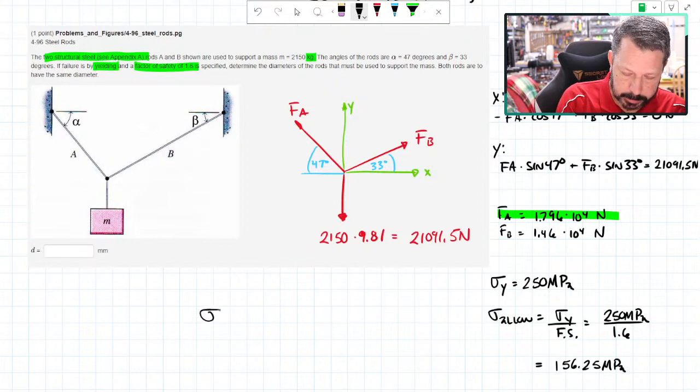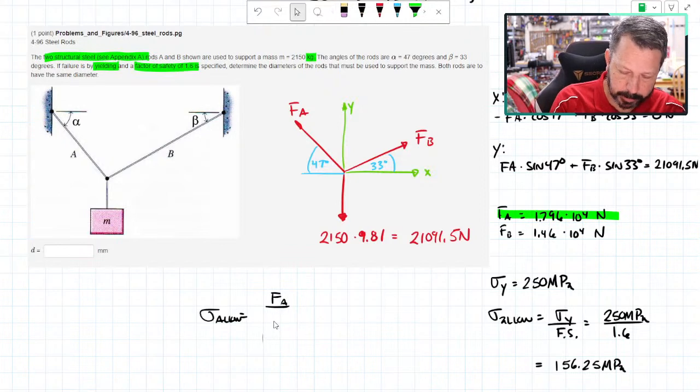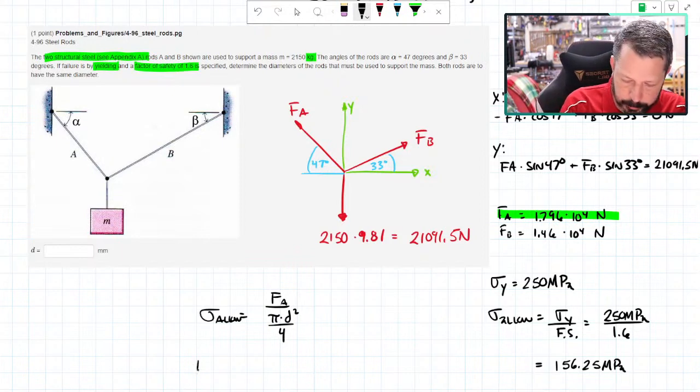So sigma allowable equals force, in this case A, over, well, not the diameter, over pi d squared over 4. So sigma allowable, 156.25 megapascals.